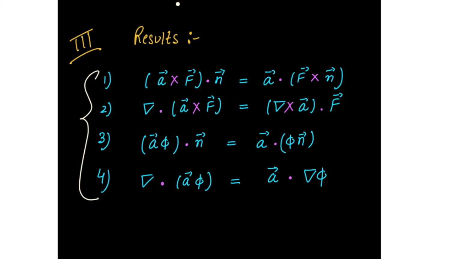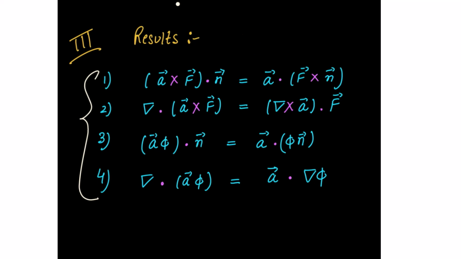First one is the dot product of the cross product of two vectors with n vector equal to the dot product of a vector with the cross product of f vector and n vector. How to remember this? If we are having the vector a, f vector and n vector, then the cross product of these two vectors, taking its dot product with this n vector, is equal to the dot product of a vector with the cross product of these two vectors, right?